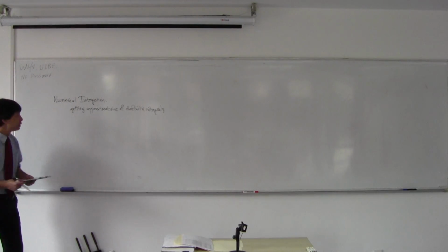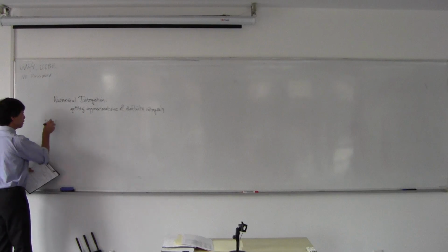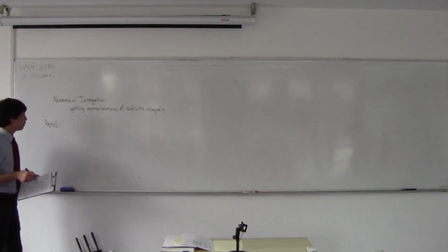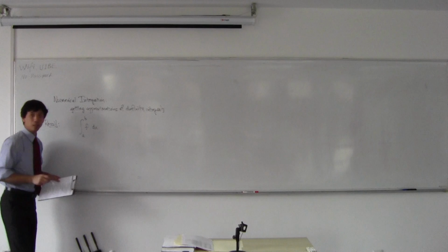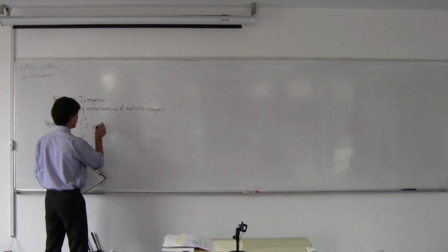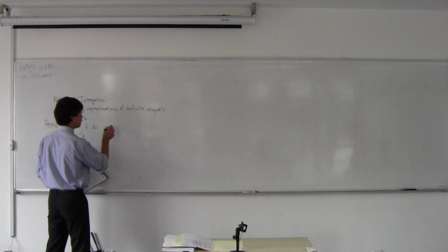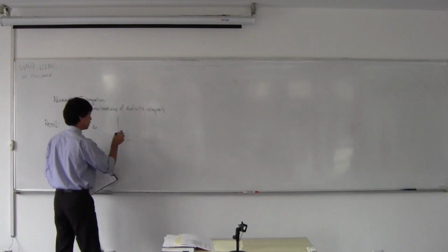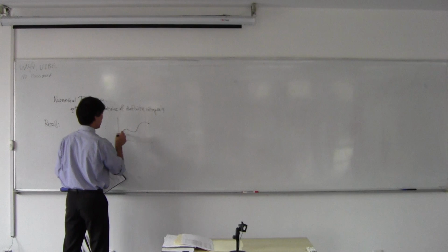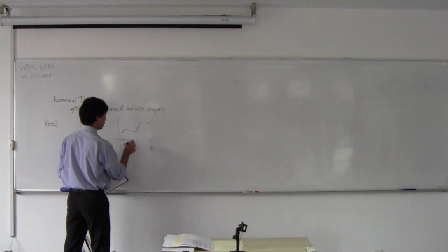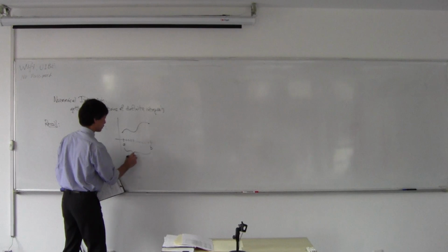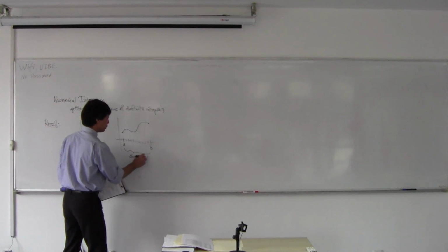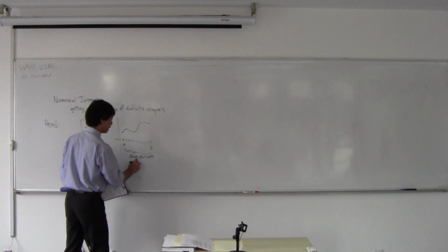Okay, so just going backwards, let's recall, when you talked about the integral in the first place, one idea is to say, well, let's take a to b, and we divide it into n parts of equal length.